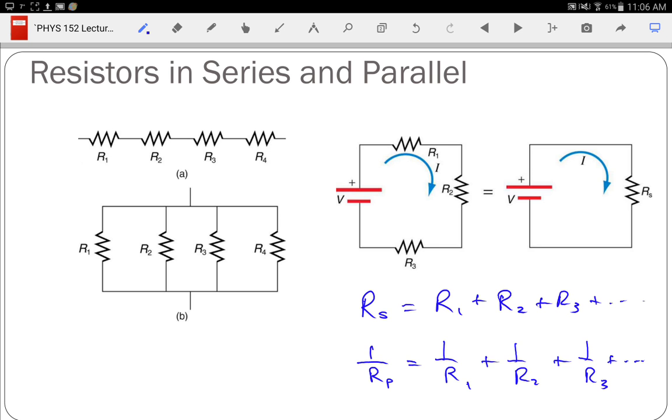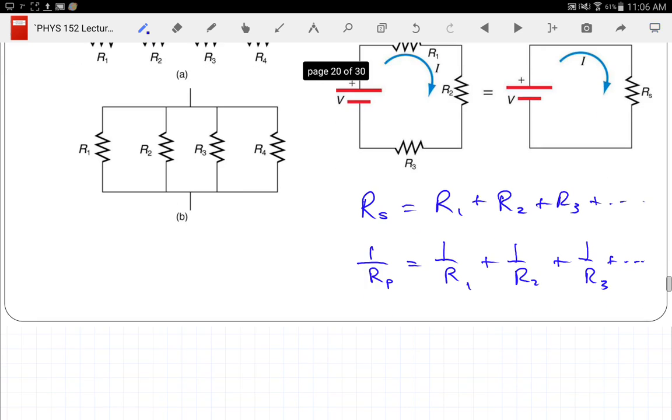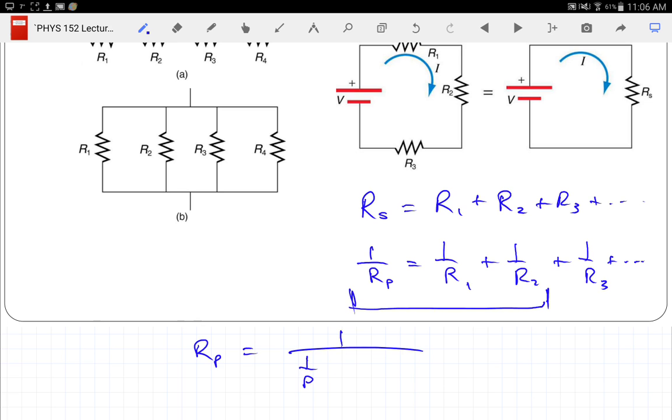You might wonder why I do 3 resistors. The reason I do 3 resistors is because oftentimes people see this parallel relation and they take, if you have 2 resistors in parallel, if I invert both sides, I'd have R parallel is equal to 1 divided by 1 over R1 plus 1 over R2. Right? Okay, that's just inverting.